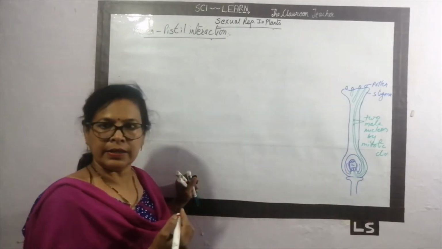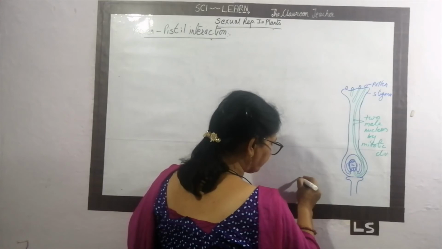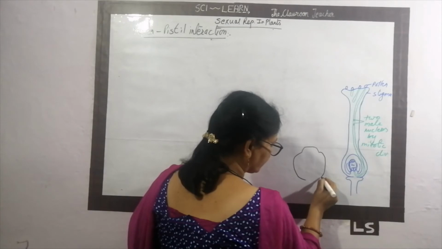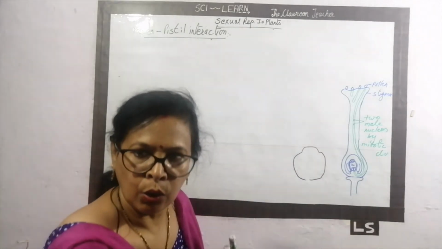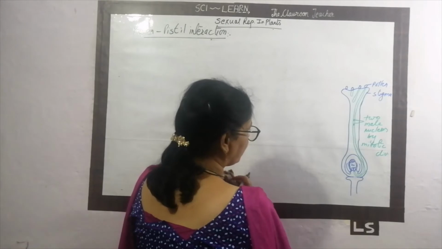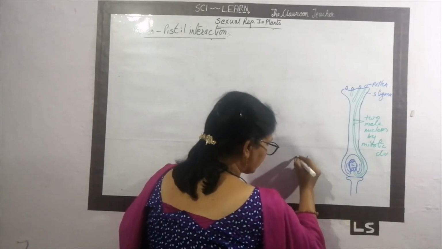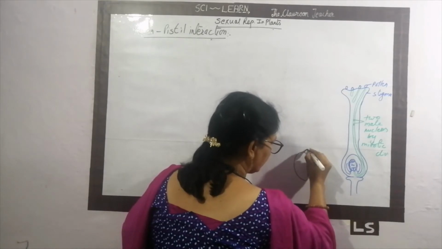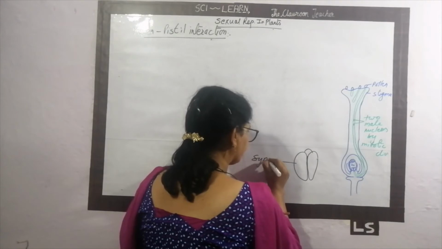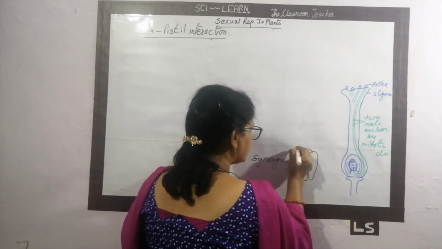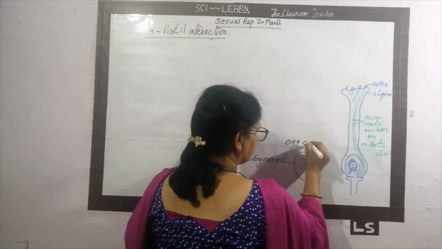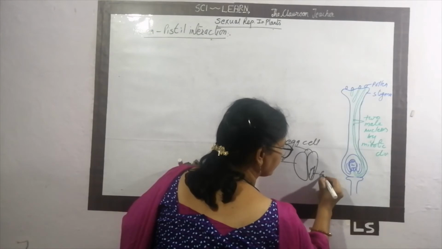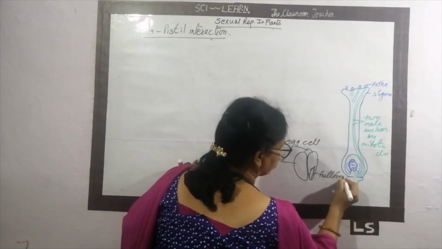Now, recognize this part. This is only the lower part of it. This is the synergid, this is the egg cell, and this is the filiform apparatus.